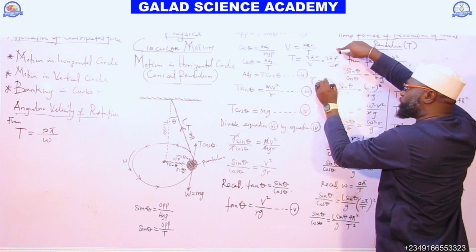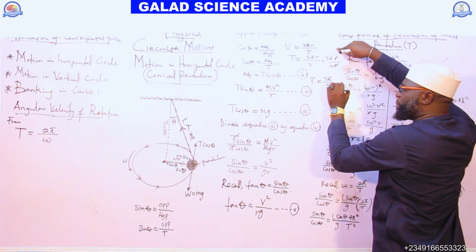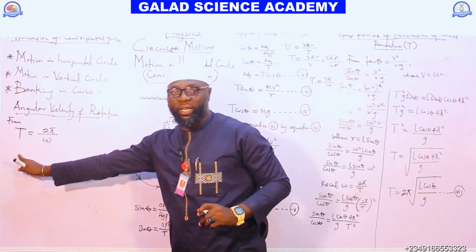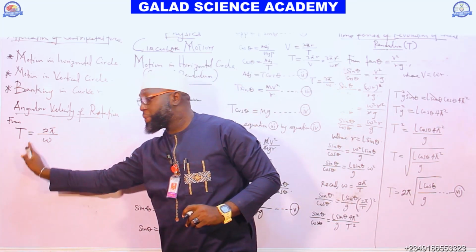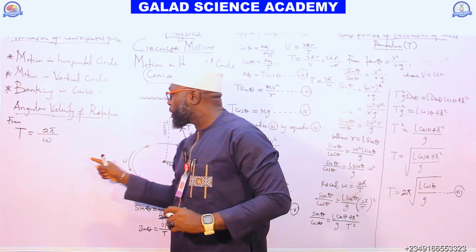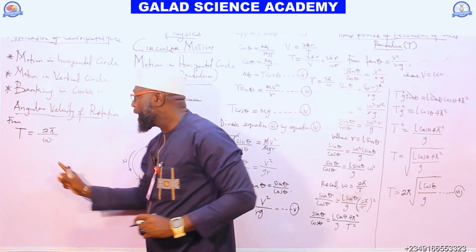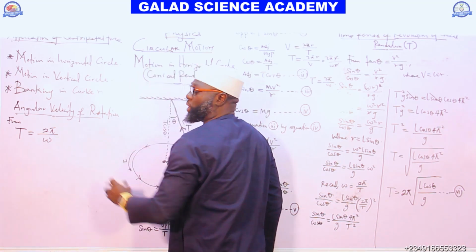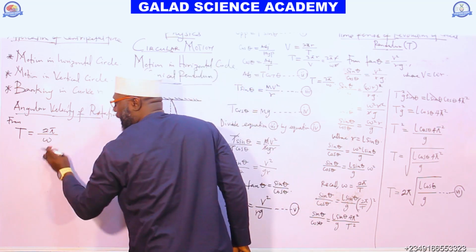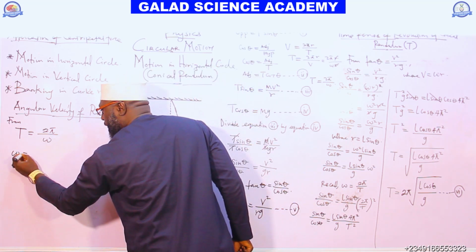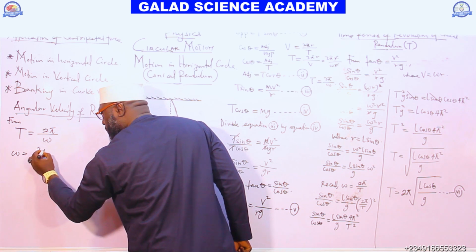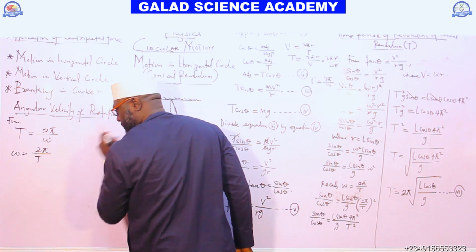We now have T equal to 2 pi over omega. That is where I bring this formula from, the period of circular motion equal to 2 pi over omega, and the omega is angular velocity. Let us make this omega the subject of the formula. We will have omega equal to 2 pi over T.